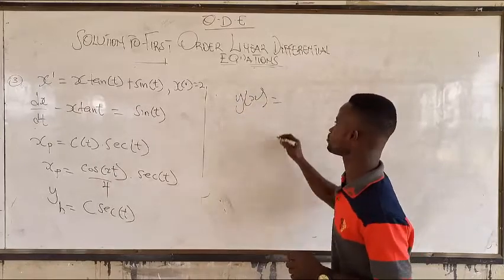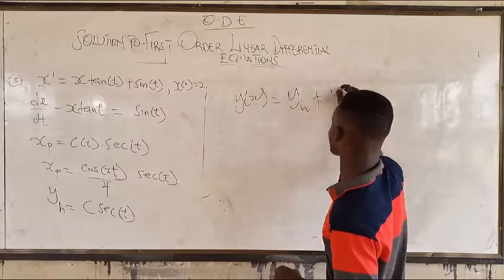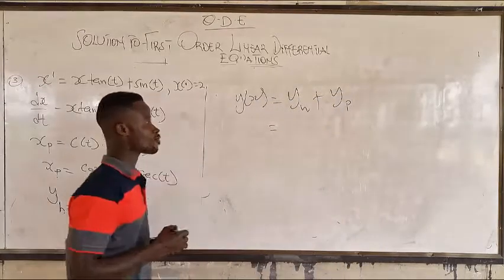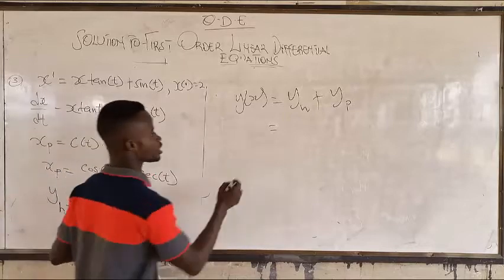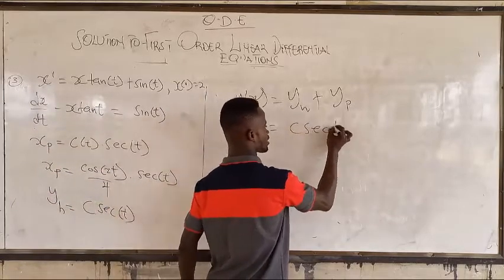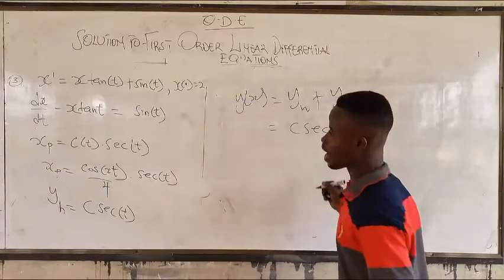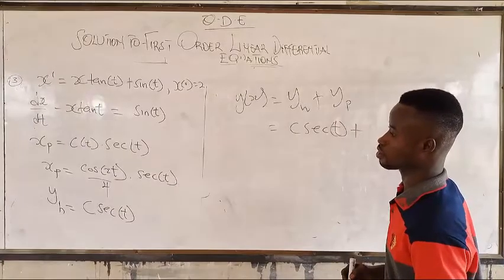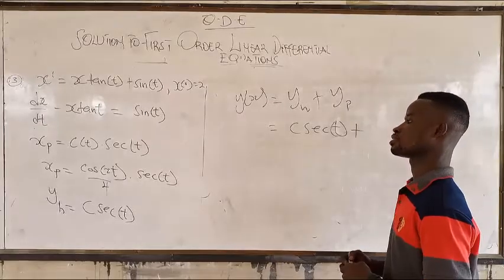Therefore, the general solution becomes y of h plus y of p. And therefore, the y of h is c sec t plus the y of p, and that is, where is the y of p?